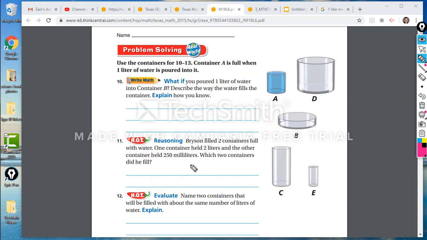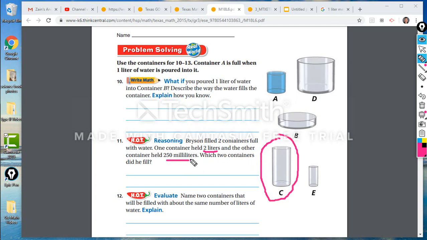Okay, so we're going to look at which one is 2 liters, and the other one is 250 milliliters. So we know this one's 1 liter, so it can't be this one. We know this one is a little bit more than double this one, so the 2 liters is more than likely going to be C.